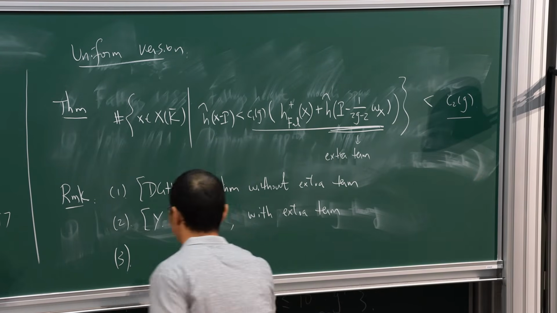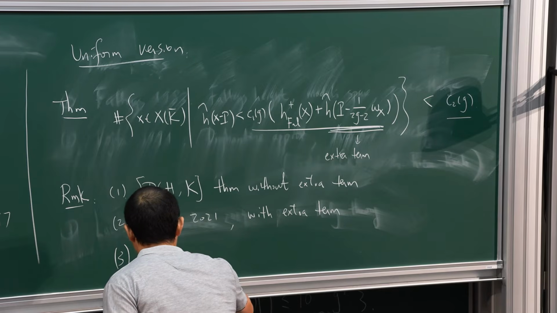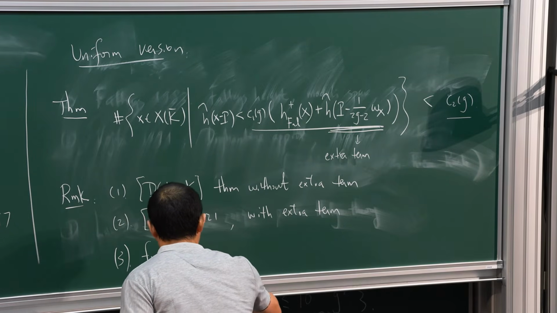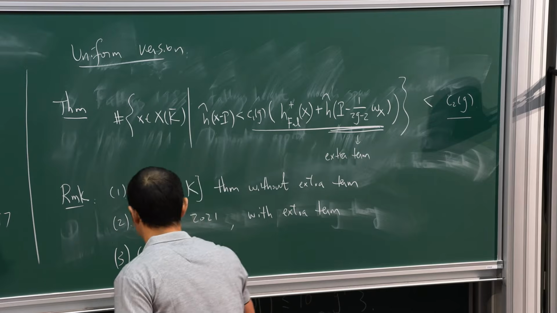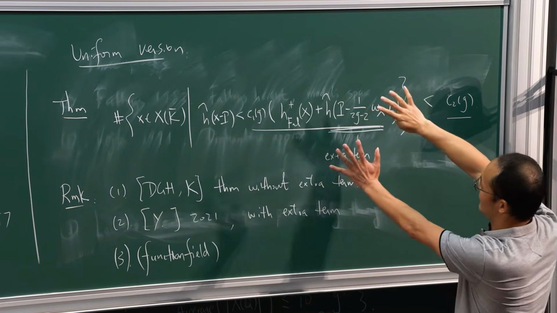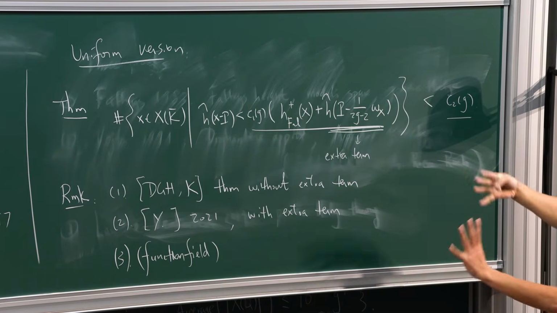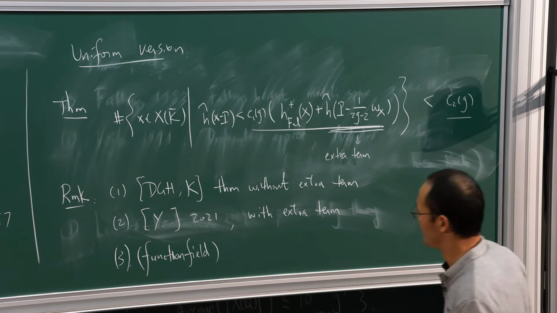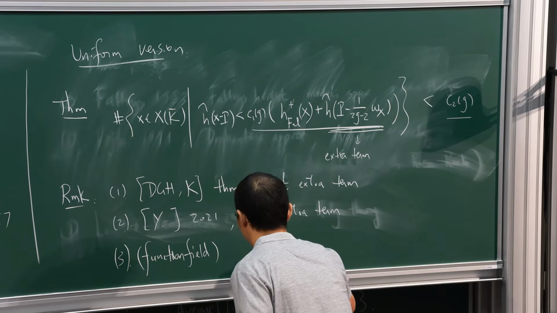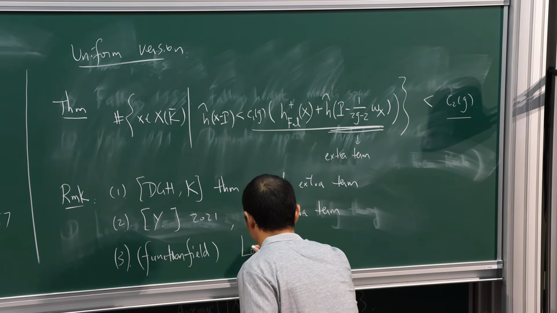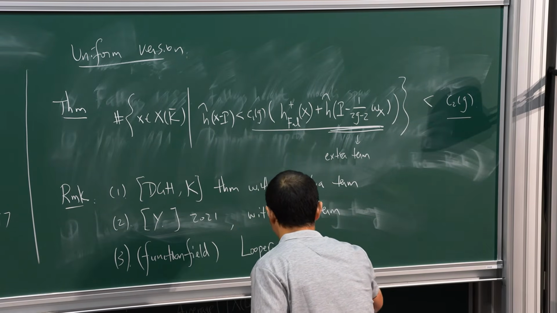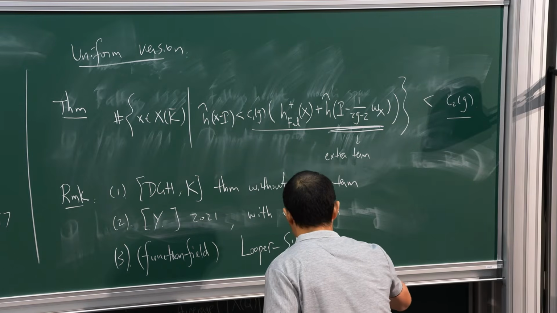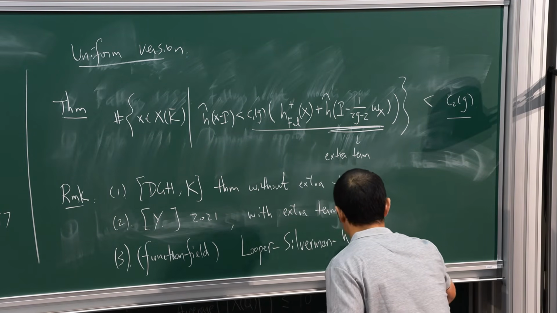So this is over a function field. Suppose K is a function field, and we can propose the same question, the same answer, maybe assuming X is non-isotrivial. Now over function fields, this is by LSW: L is Looper, S is Silverman, W is Wilms.